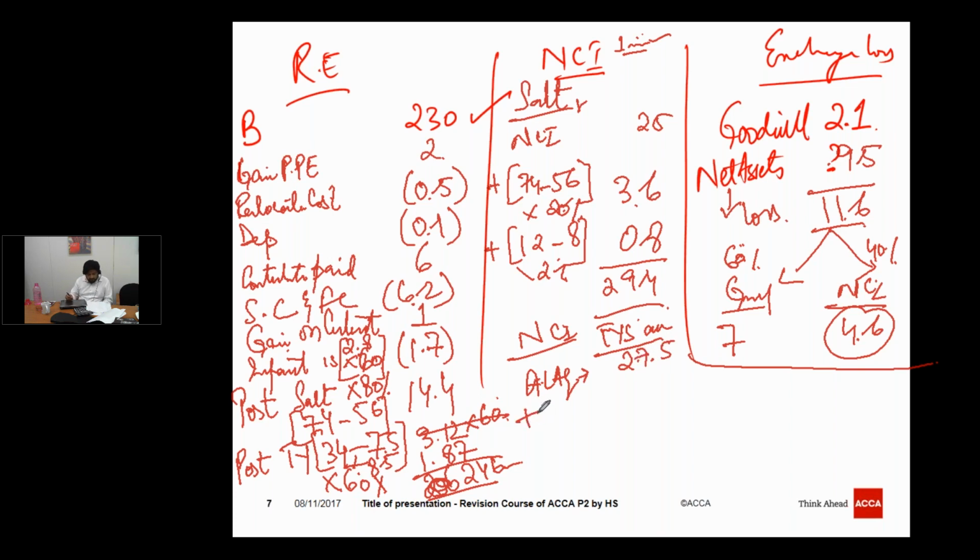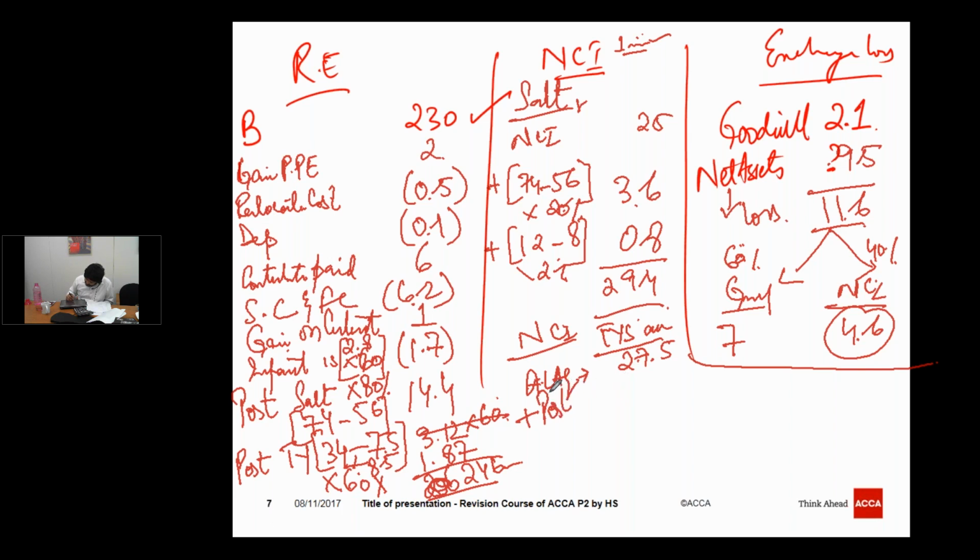Then the post-acquisition profits into NCI's share: 34 minus 7.5, that will be 26.5 into 40% share divided by 8.5. It will be 1.25.